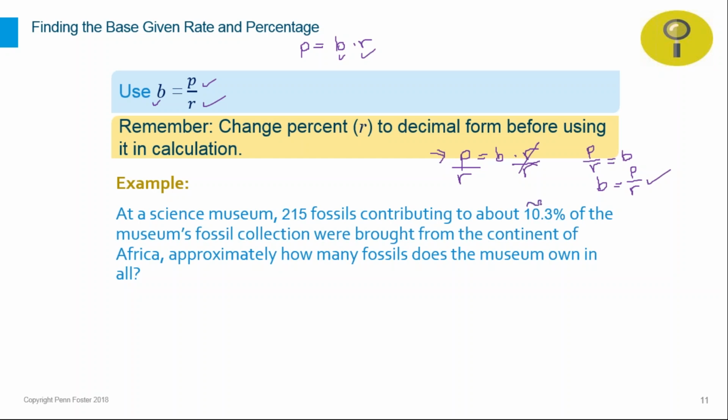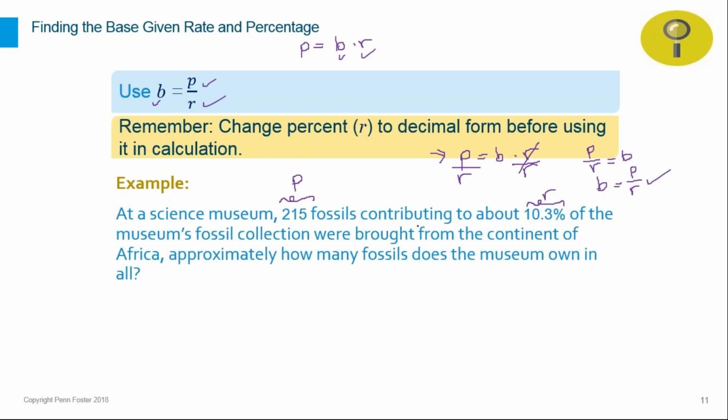So obviously, this is the R. The question is saying that the rate, the percent of the fossils, is 215 fossils. So that must be the percentage. So those 10.3% are the 215. So that's what makes us think that this is not the B, it's the P.